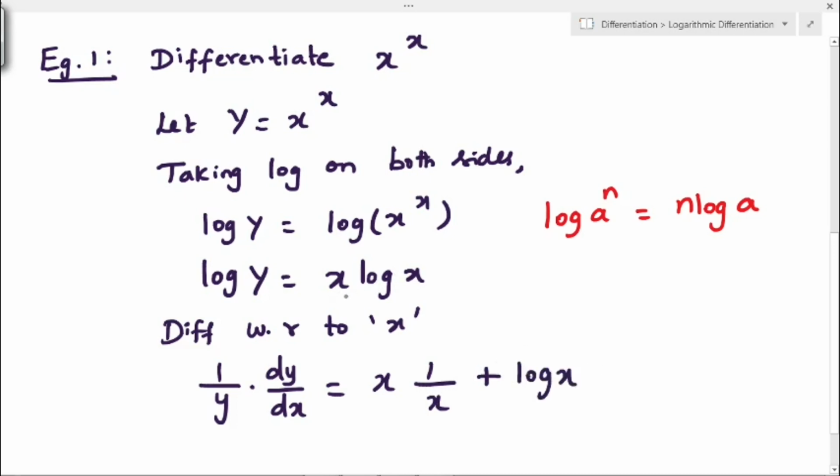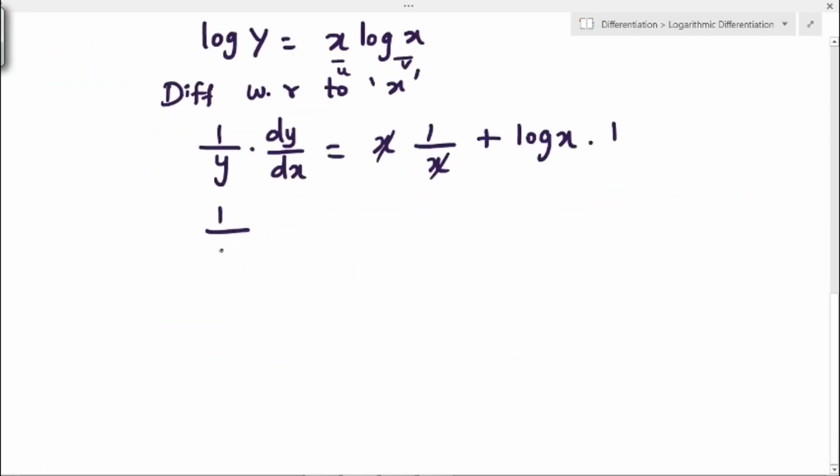That is u into dv plus v into du. So v, that is log x, into du, that is x differentiation. X differentiation is 1. Here this x and x will get cancelled. So we have 1 by y into dy by dx equal to 1 plus log x.